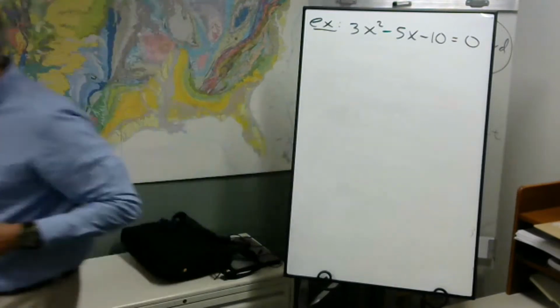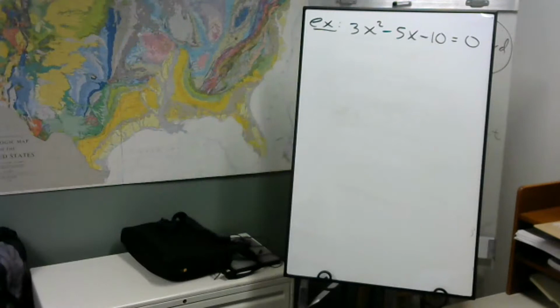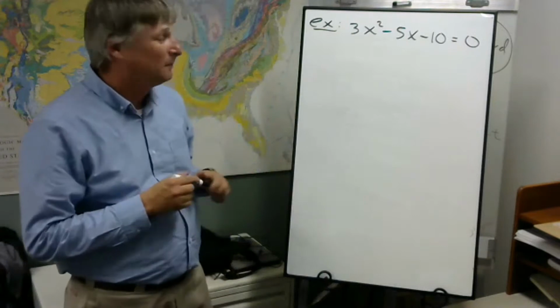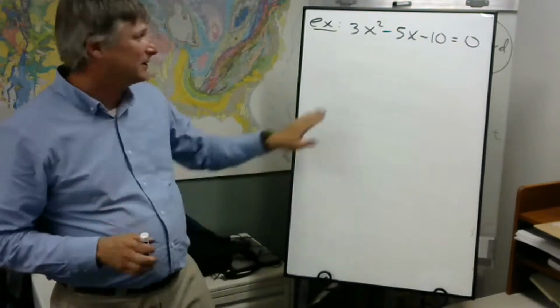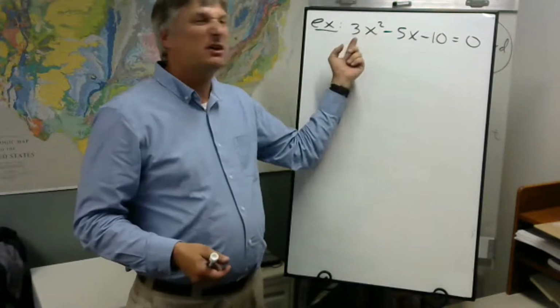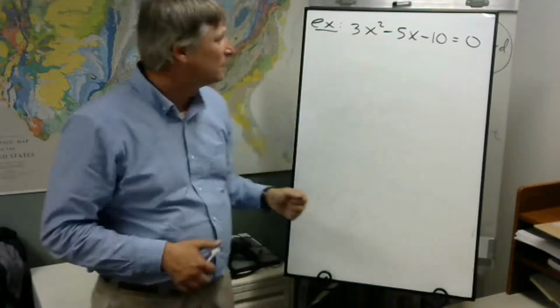Keep thinking about that. So any ideas yet? Well, what we can do here is we're used to working with x squared, and this being a 1, that indivisible 1.